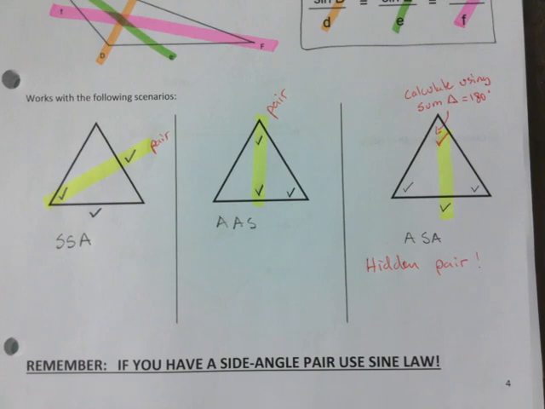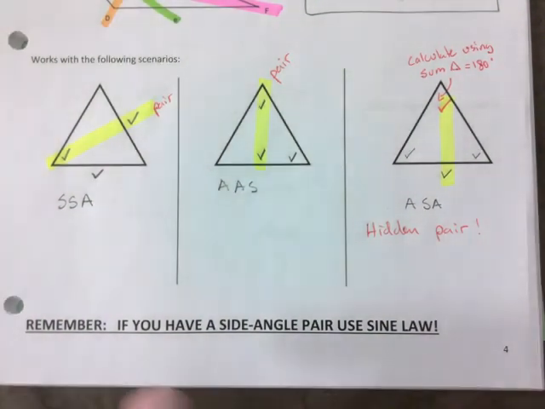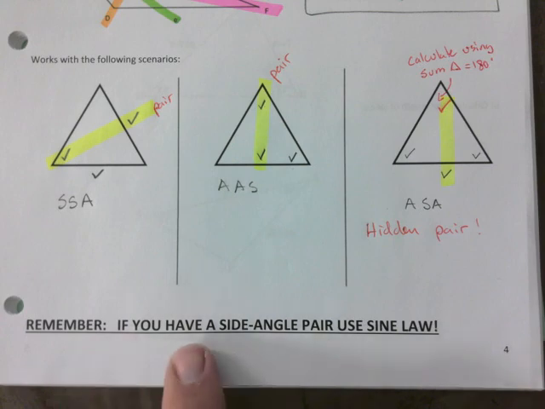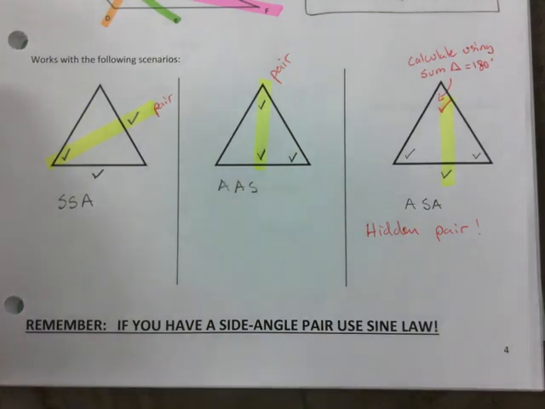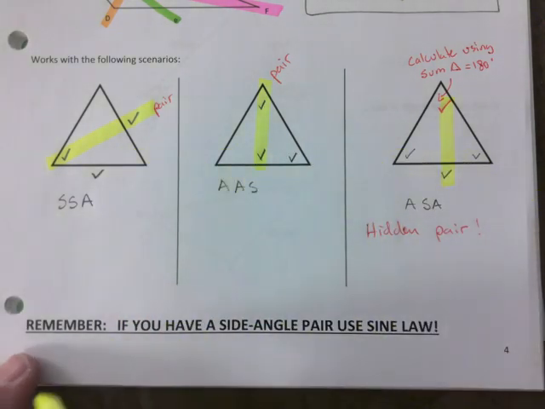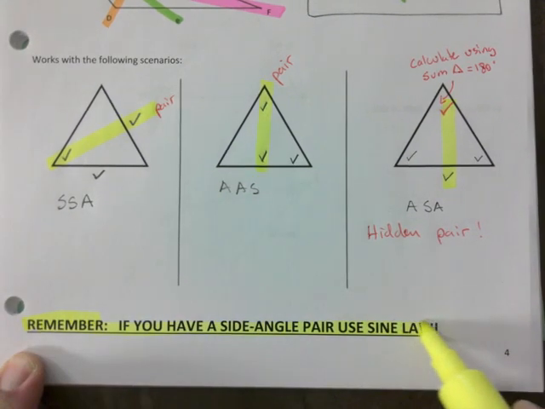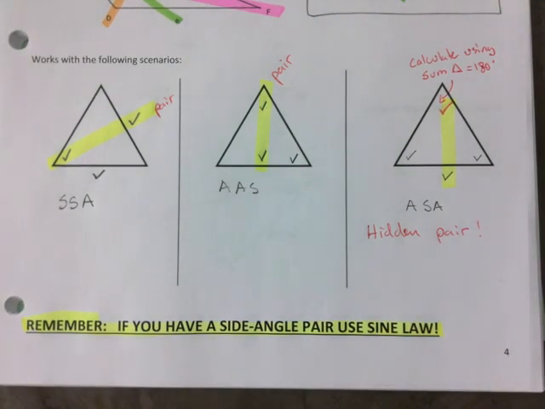And why am I focusing on pair, guys? Here's the disclaimer. This is what I'm going to tell you first and foremost. Remember, if you have a side angle pair, then use the sine law. That's highlighted with the same color as I highlighted all the pairs. This is what you need to remember out of everything we've talked about so far in regards to sine law.